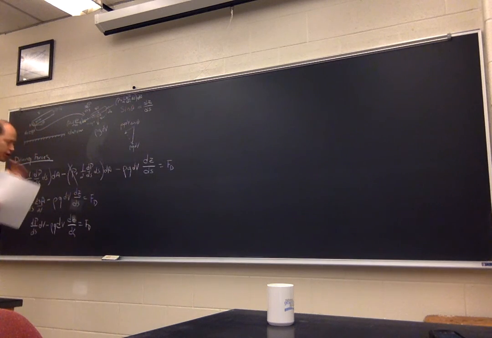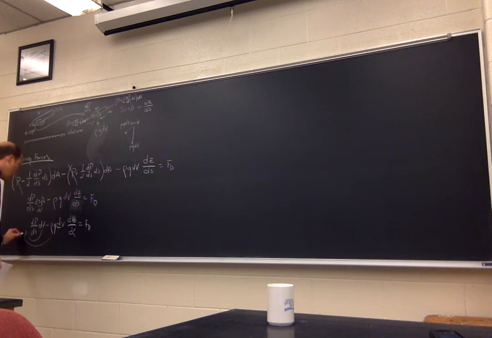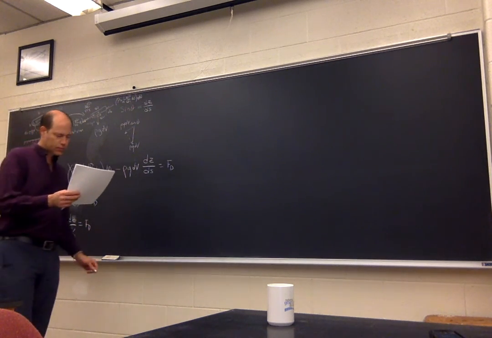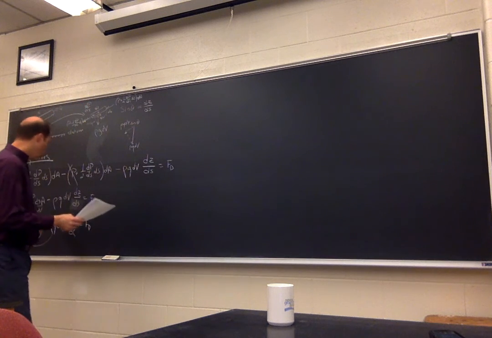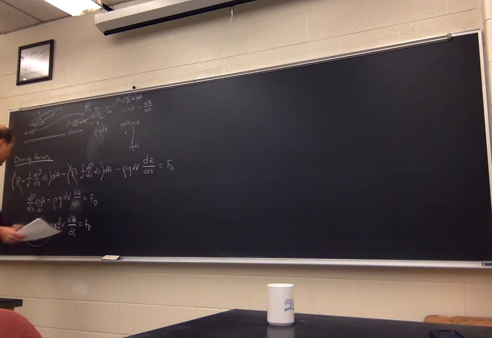A couple more algebraic steps here. We can take dV out of both of these and move it out. We're also going to pull rho g out of this system, and so we'll have to divide this one by rho g.